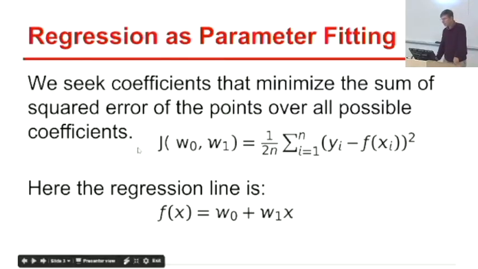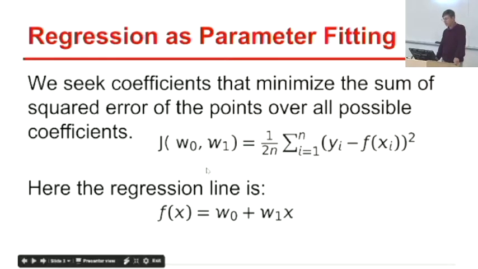If our f of x has two coefficients in it, it's a line, we can look at a formula like this, which is the error function, which sums up over all points in our training set the squared differences between the value of the ith target and our ith prediction. Okay?